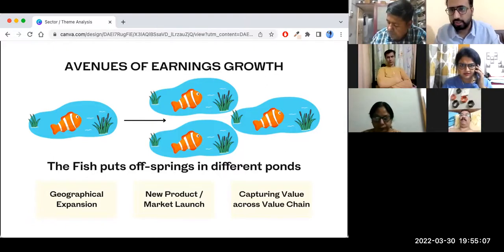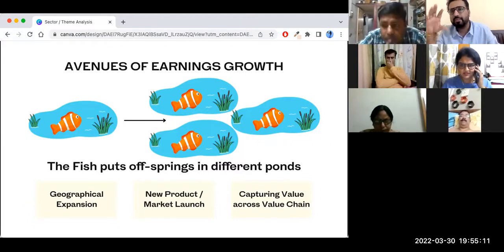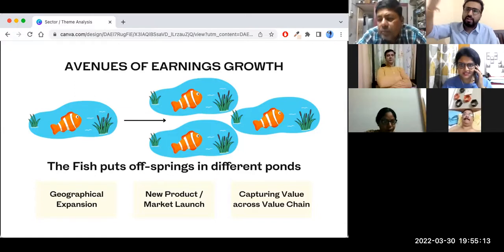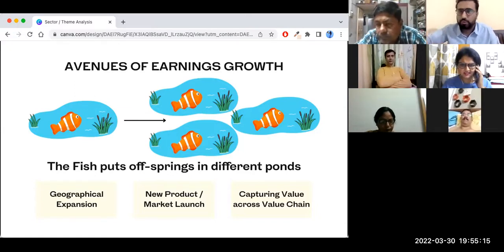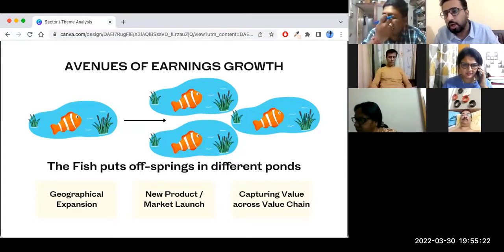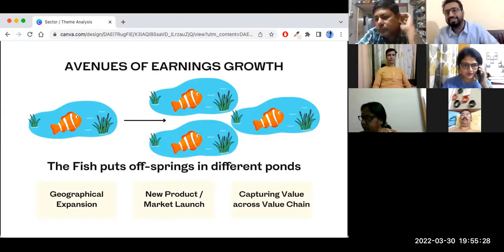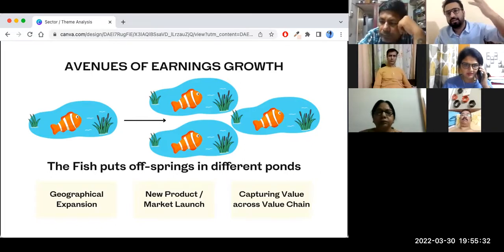Which means whatever sales they were doing 3 years ago, almost the same kind of sales they are doing today also. Because they cannot do premiumization. In fact, premiumization here is done by the government of India. They keep putting more and more taxes on cigarettes. The cigarettes keep becoming more and more expensive, but ITC does not earn anything out of it.